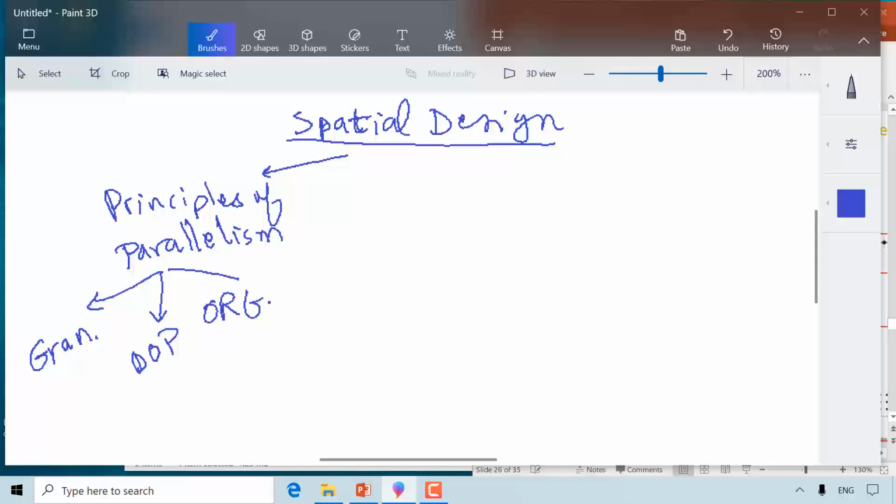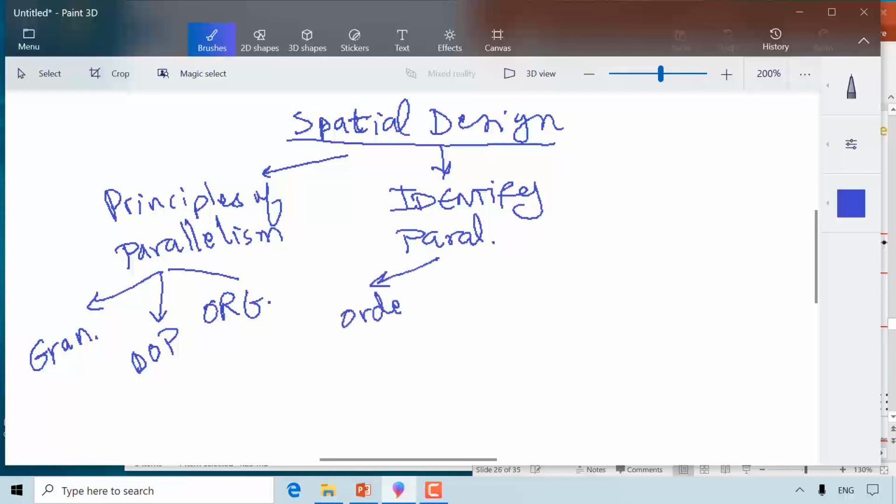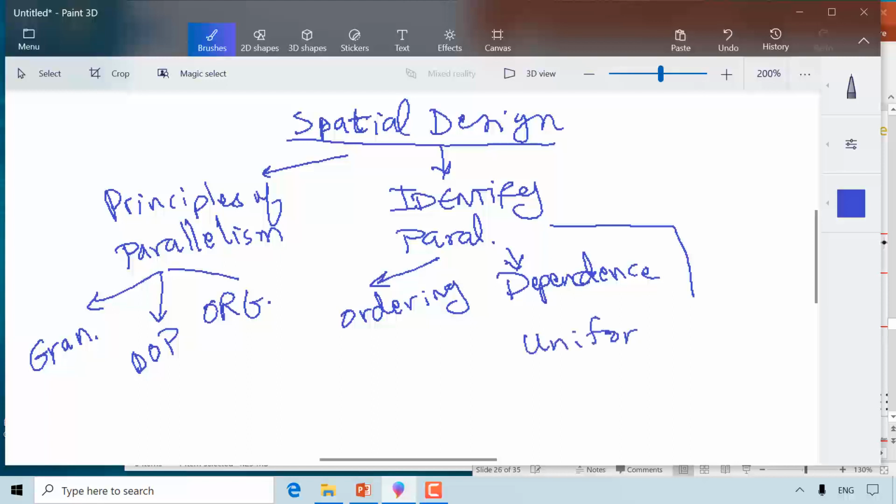In this lecture, we would like to talk about how to identify parallelism, and for that purpose, we'll discuss ordering, something of discrete math, dependence, and we'll talk about uniform dependence vectors.